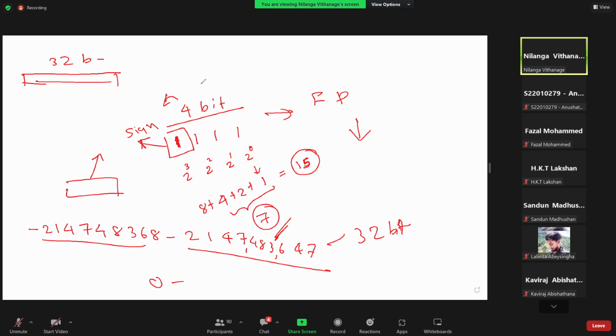If you use all 32 bits, it is 21474. It's a huge number, but if you dedicate 1 bit for the sign, what will this number be? I don't know why it is 31.